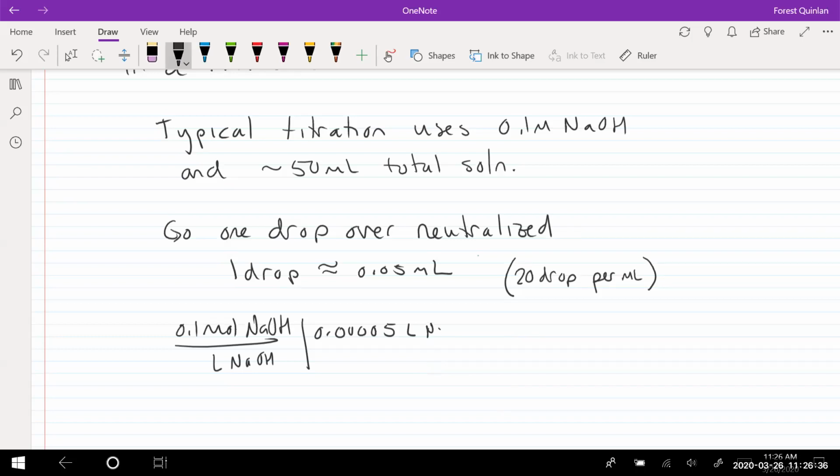Okay. And of course, we know 1 mole of sodium hydroxide is equal to 1 mole of OH minus, and that is now into 0.005 liters of solution.